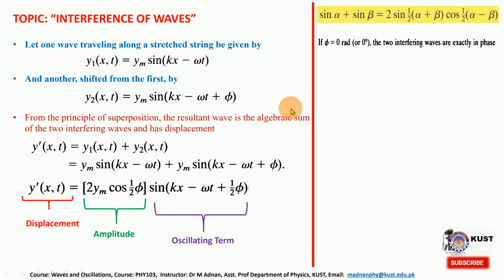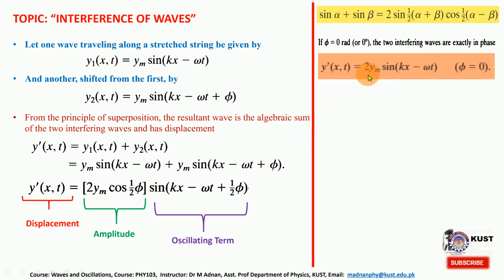If phi equals 0, that is, they are exactly in phase, and we put phi equal to 0 in this expression for the resultant wave based on the superposition principle, this factor goes to 1 and this is 0, so we have sine of kx minus omega t, and this goes to 1, leaving 2ym.